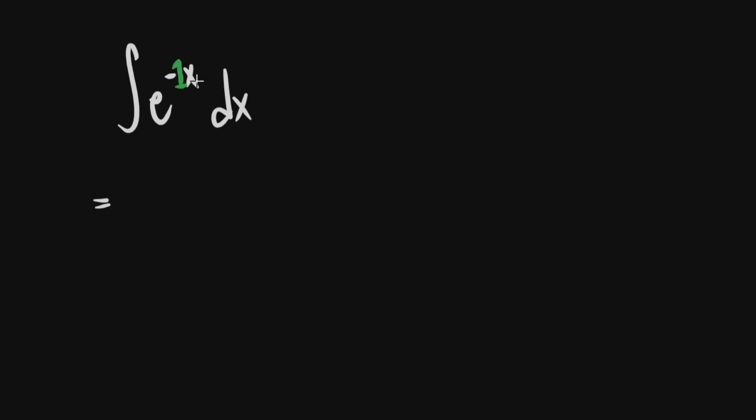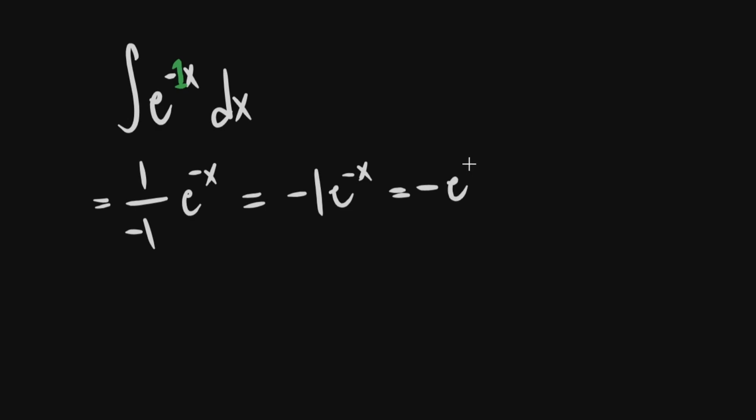So 1 all over negative 1 multiplied by e raised to negative x. So negative 1 all over negative 1 is equal to negative 1 e negative x. Therefore we could just write it as negative e raised to negative x plus c.